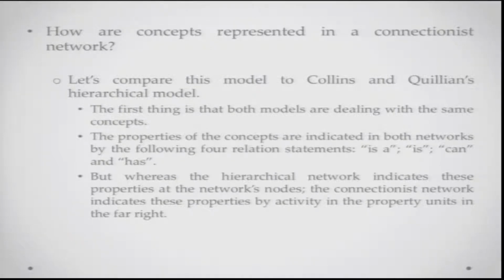But whereas in the hierarchical network, which was Collins and Quillian's network, these properties are indicated at the network's nodes, the connectionist network indicates these properties by activity that is distributed in the property units at the end.